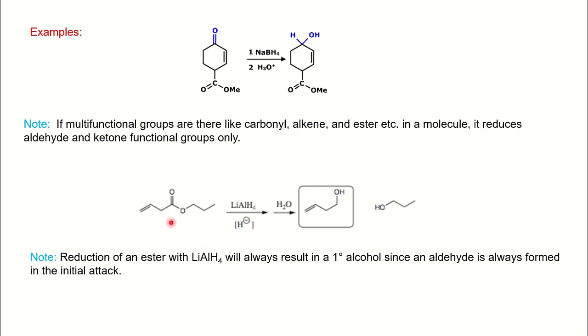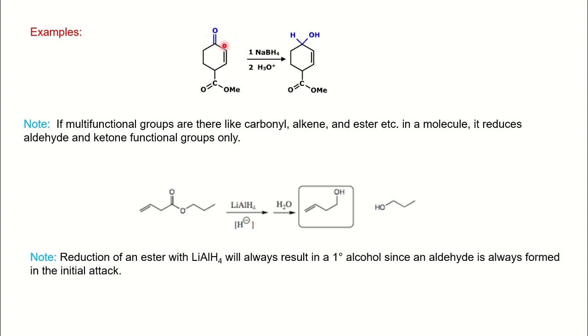Here is one more example. If you have a carbonyl group and an ester group both, it will reduce both. And if you have an amide also, that will also be reduced. Considering the first example, in the presence of lithium aluminum hydride, the ketone and ester both will be reduced to alcohol.